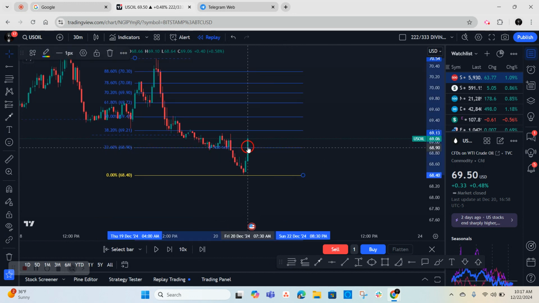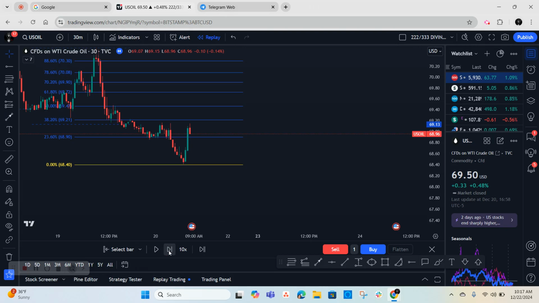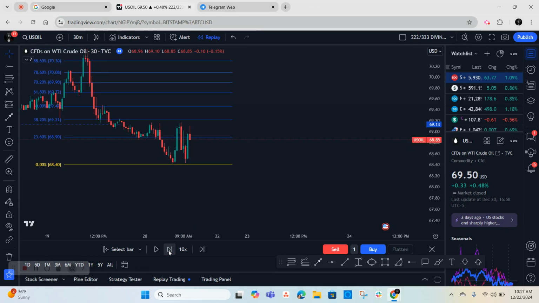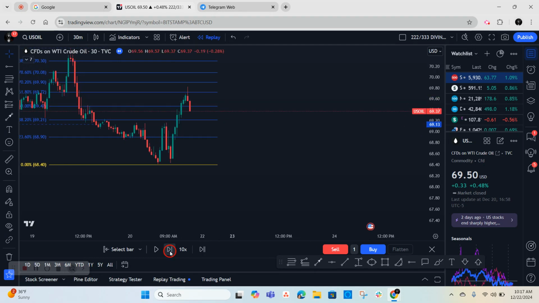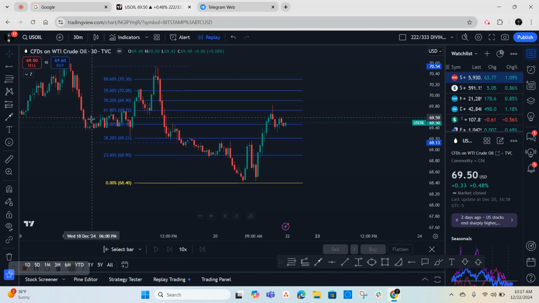Now we're in the trade. And you still gotta be worried about drawdown. Your stop loss is somewhere below here. Give yourself room. And now the trade played out beautifully, following the 23% rule.